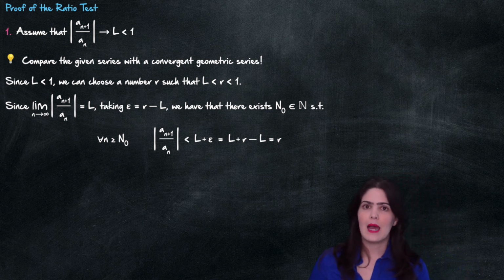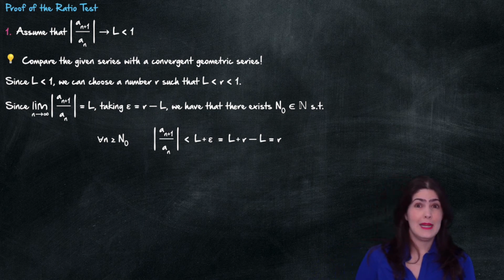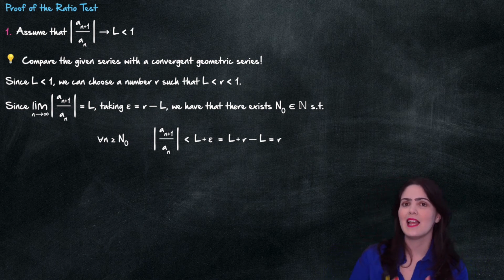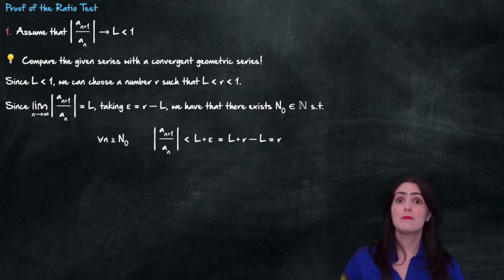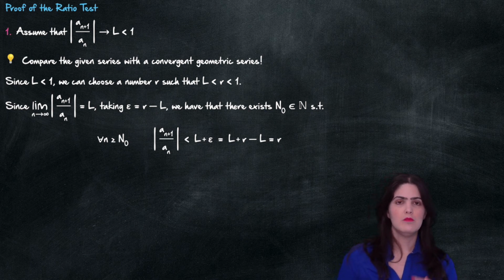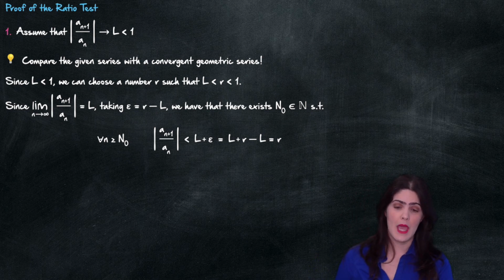And because of that, I know that I can find a natural number n naught, such that for any n greater than or equal to n naught, the absolute value of a_{n+1} over a_n is less than L plus epsilon. Here I am using the definition of limit. But L plus epsilon is the same as L plus r minus L. So this is just r.